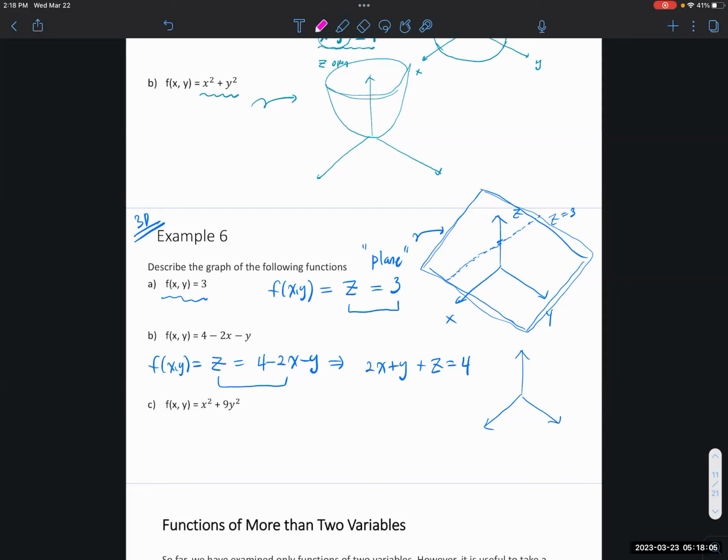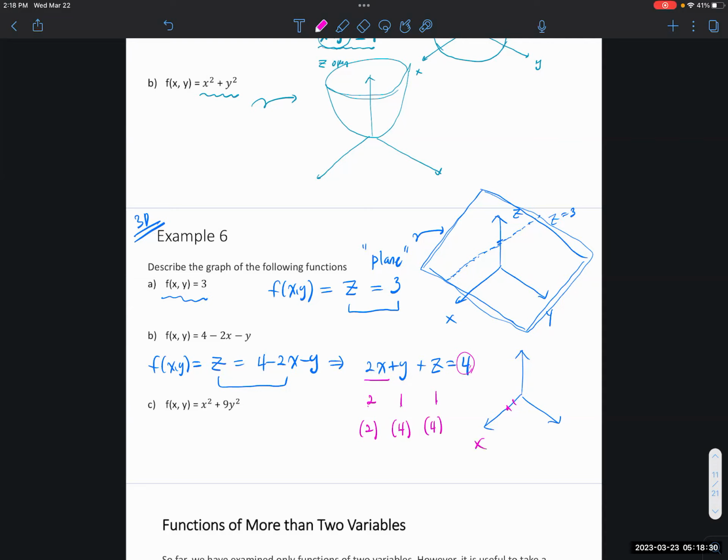On the x-axis, 4 divided by 2, you have a 2 here. And then here we have an invisible 1, and an invisible 1. That's a coefficient. So what I'm saying is you're going to divide from here. So 4 divided by 2 is 2. That's the point on the x-axis. 4 divided by 1 is 4.